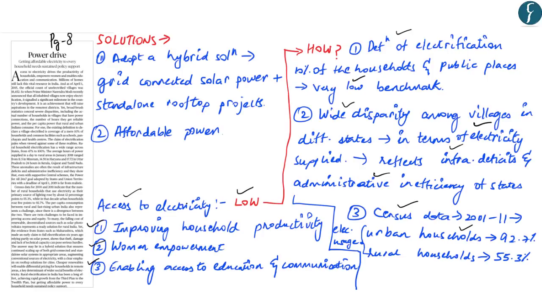So in order to improve this situation, the article provides two solutions. First is that the states should adopt a hybrid solution between grid connected solar power and standalone rooftop projects, as well as aim at providing affordable power to the households. So all these points discussed in this article are important from the mains exam point of view. With this, we will move on to the next article.